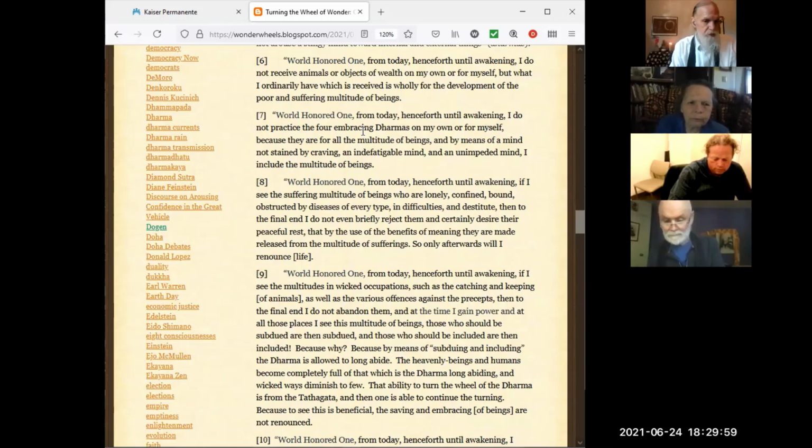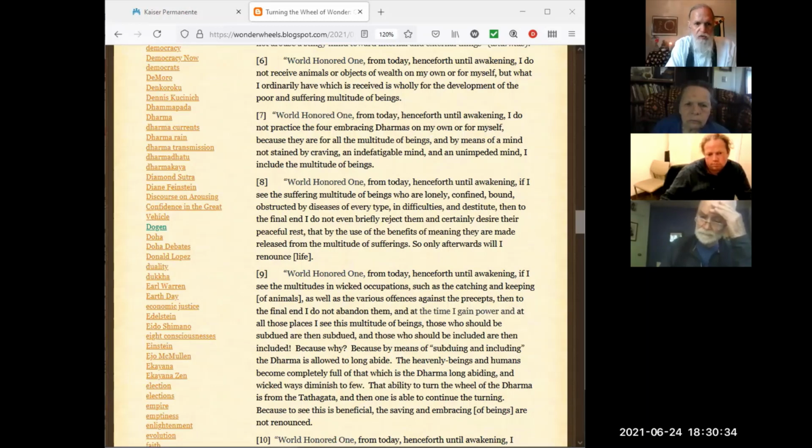This term stain is interesting. It's going to come up a whole lot more. So since this is the first time it's come up, by means of a mind not stained by craving. Basically, the word stain is also a Sanskrit word that has multiple translations.